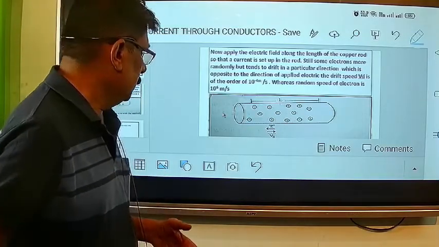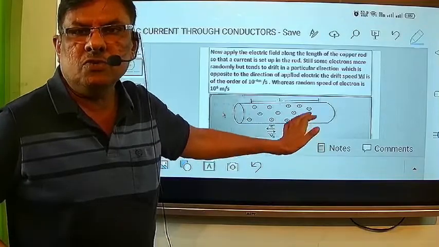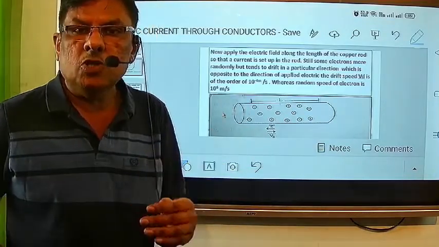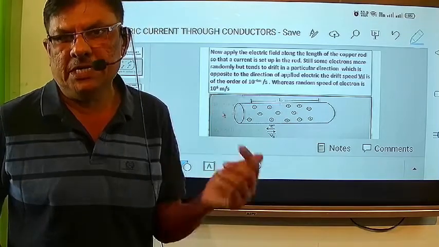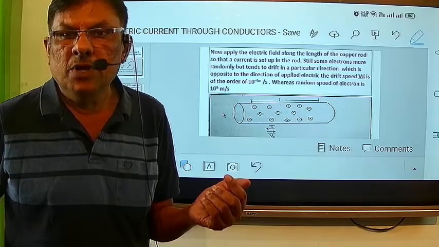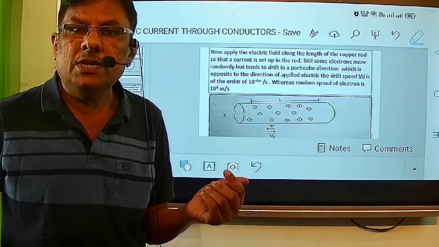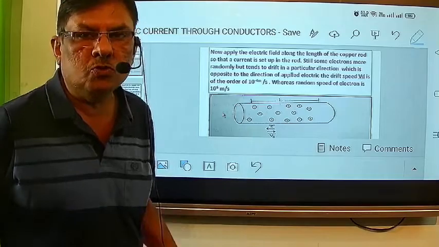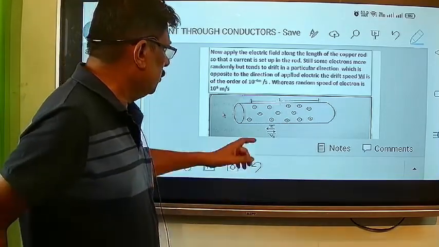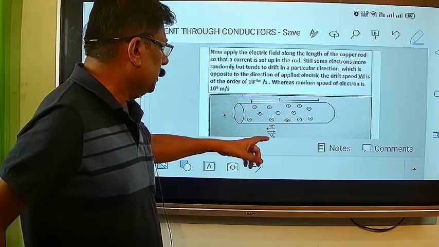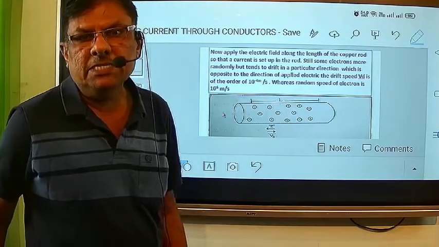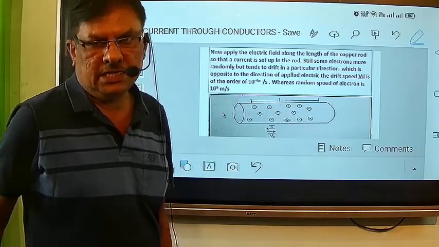And hence, in case of current, we say that the free electrons of the copper material are free, but they are traveling in the direction opposite to the external applied field. So here you will come to know that the direction of the field and the direction of the drift velocity are opposite to each other.